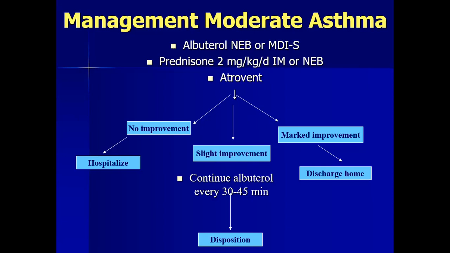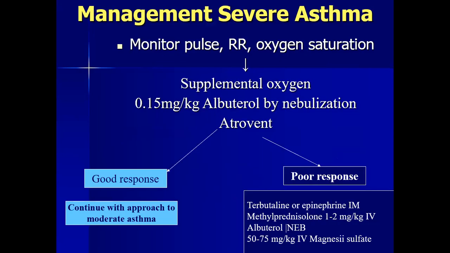If there is no improvement, you have to hospitalize. If there is slight improvement, continue albuterol every 45 minutes. If we have marked improvement, you may discharge the patient home.